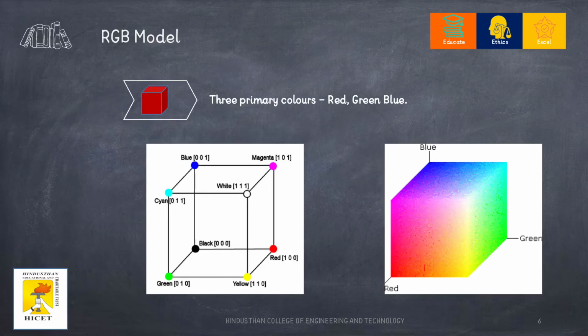You can see that the x-axis is represented by red, green represents the z-axis and blue represents the y-axis. Cyan is a combination of green and blue. From the cube, we can understand that the secondary colors are formed by adding two primary colors.